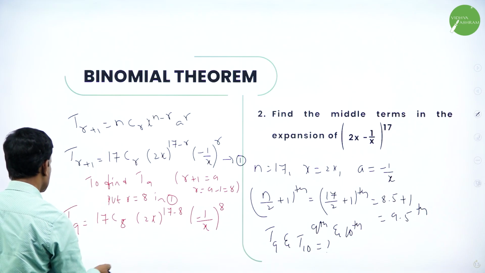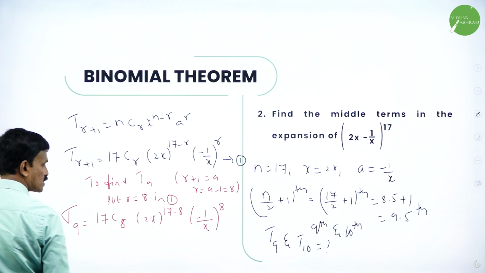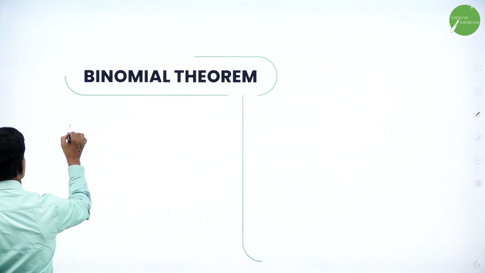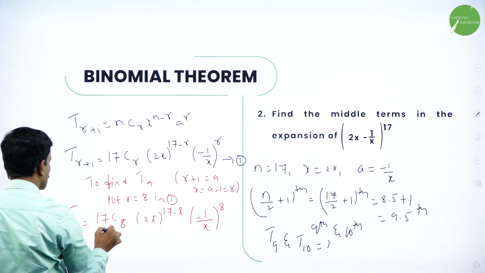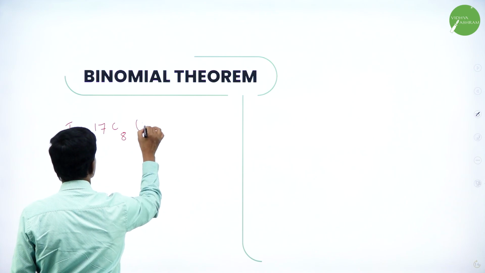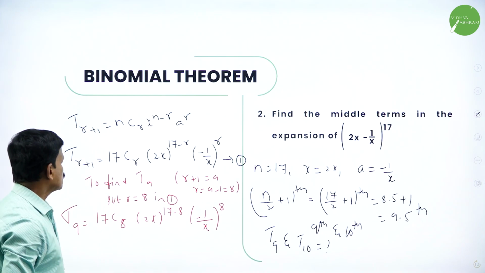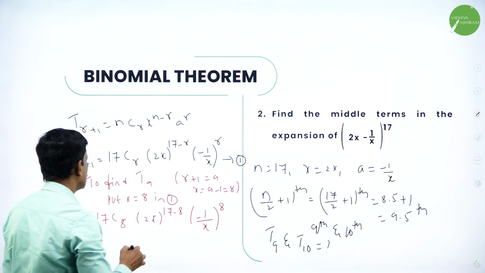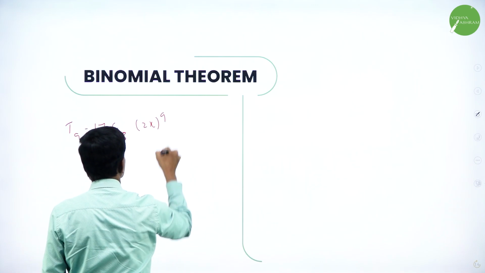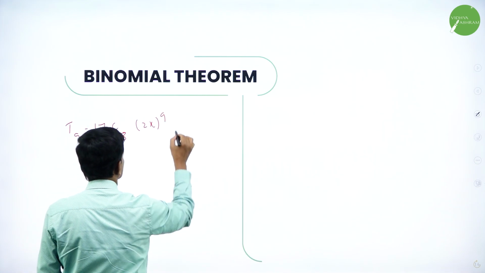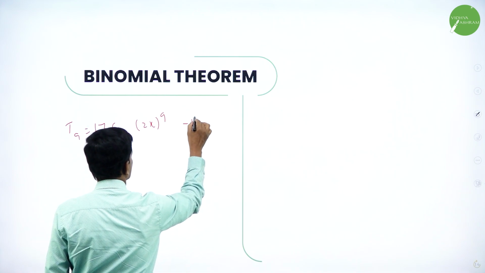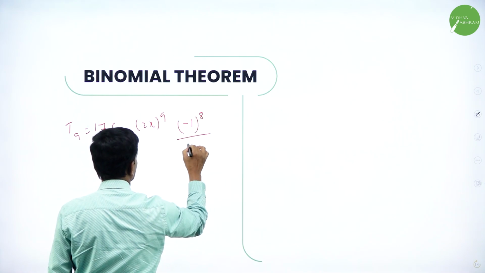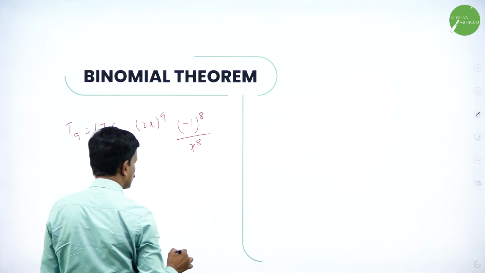Simplify this. That is T9 is equal to 17C8 (2x)^9 into, if you multiply minus 1 eight times, (−1)^8 divided by x^8.